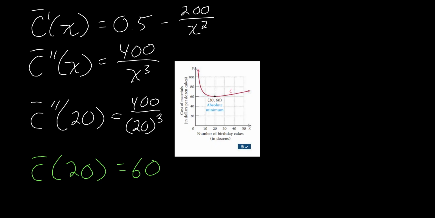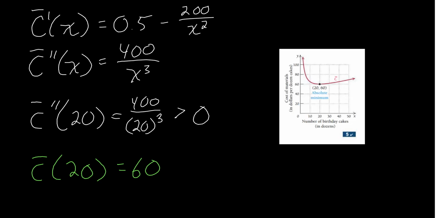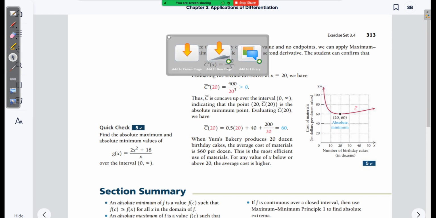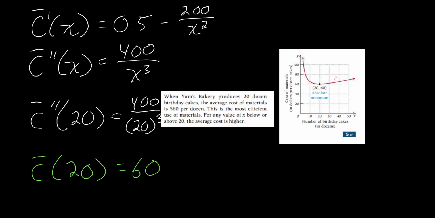Like so. And of course we do indeed see this is our function, and at the point (20, 60), we do indeed see that that is a critical point. Okay, and let's let the book say it a little bit more succinctly than I could.